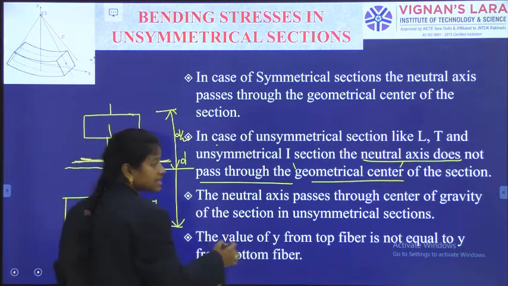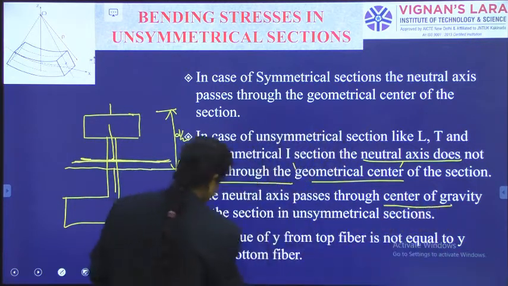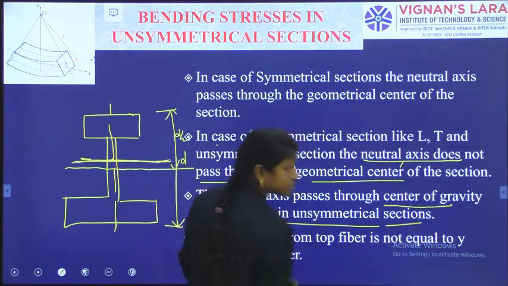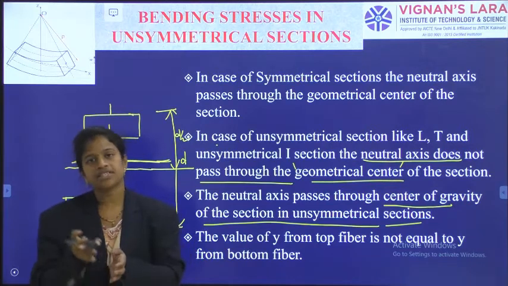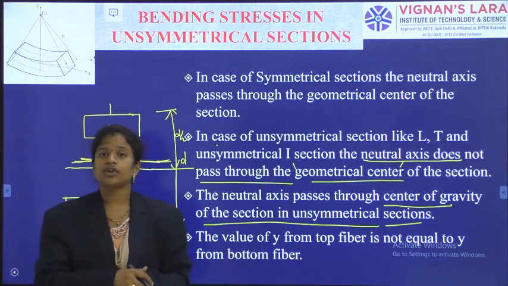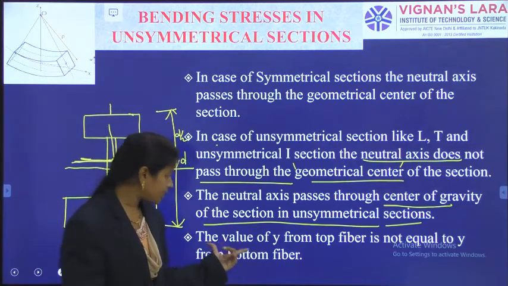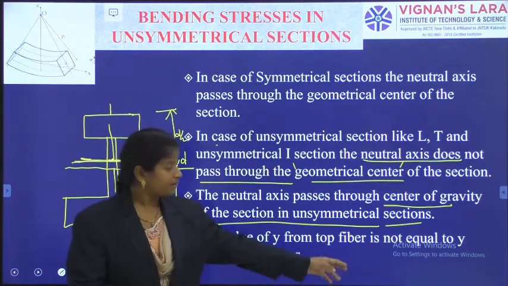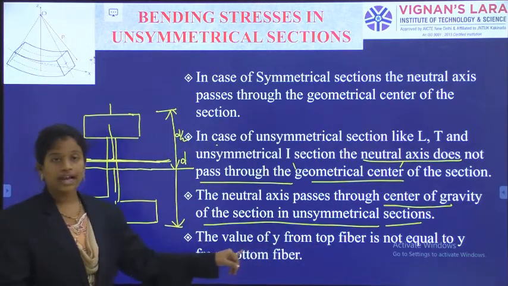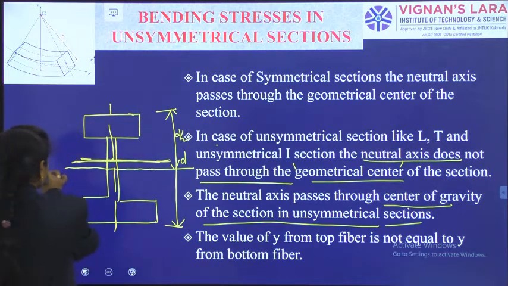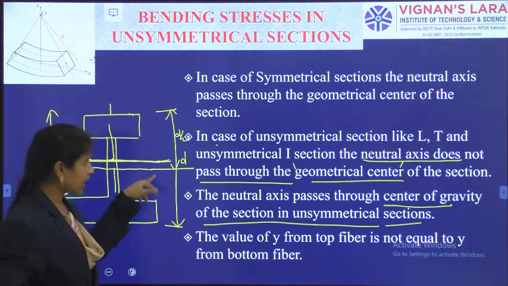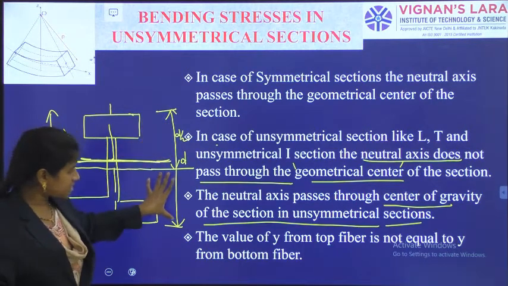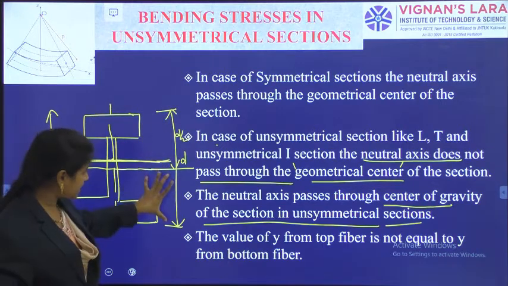And the neutral axis is passing through the center of gravity of the section in unsymmetrical sections also. This thing we already know. The neutral axis is always passing through the center of gravity line or the centroidal axis line of the section. The value of y from the top fiber is not at all equal to the value of y from the bottom fiber. See here, if it is a geometrical section, this and this will be equal.